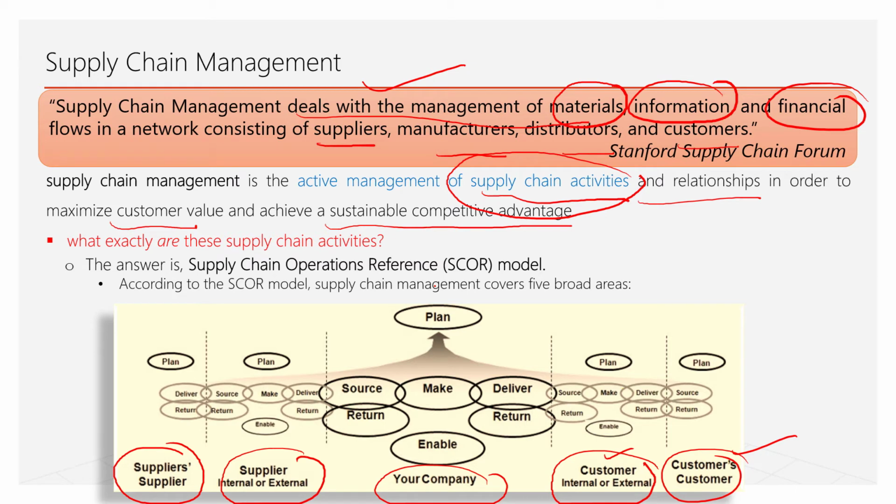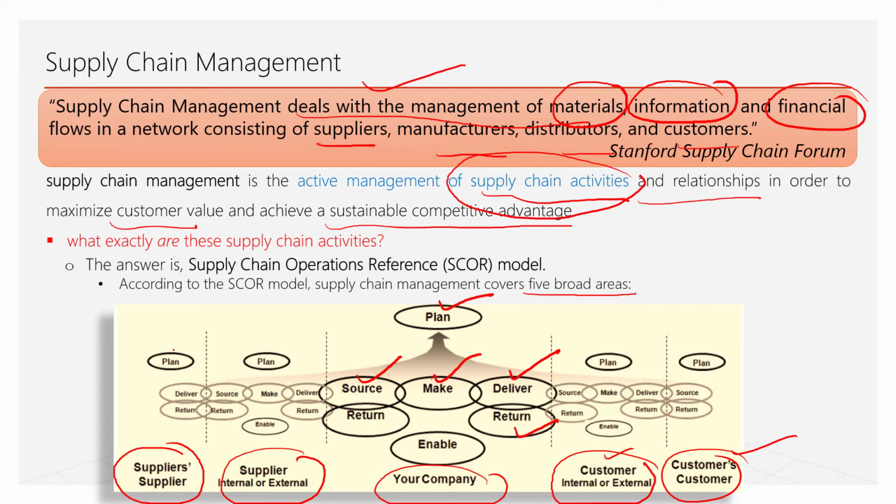In supply chain operations, we are basically performing five broad areas: planning, sourcing, making, or you can say manufacturing or production activities, delivery, and return. These are the five main activities in the entire supply chain.